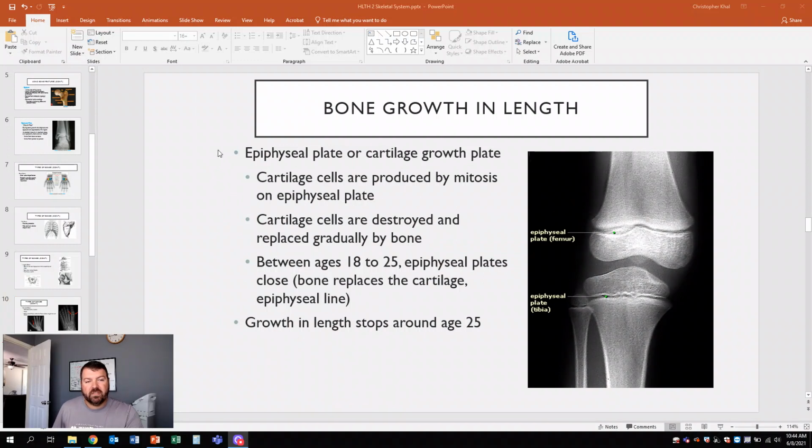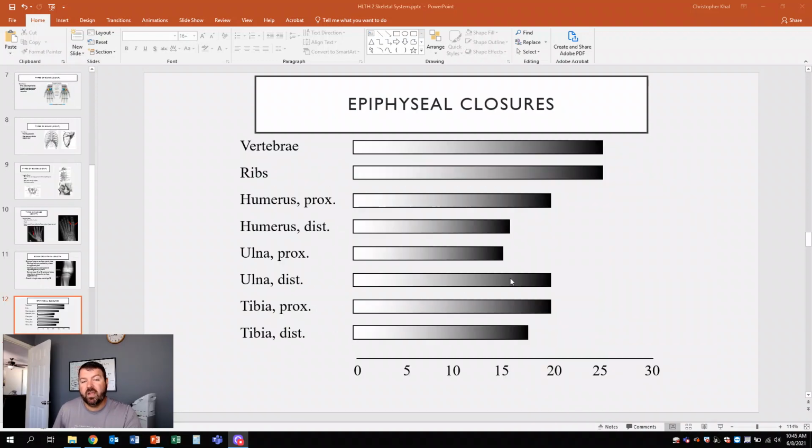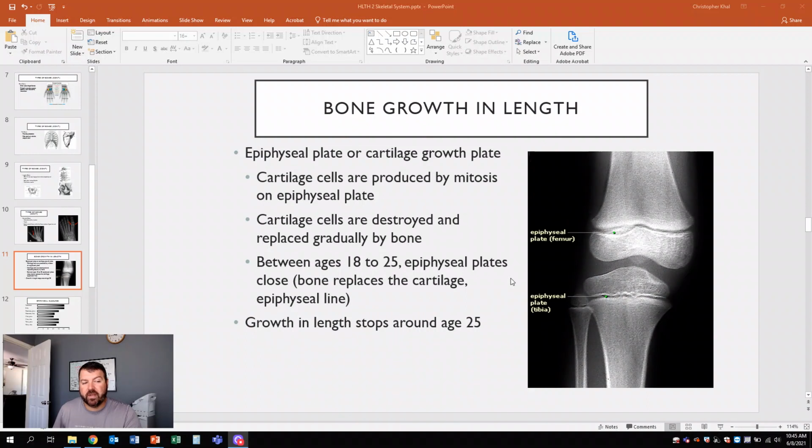All right, a little bit back to bone growth. Going back to the epiphyseal plate, this is where all your growth occurs. Usually by 25, all growth stops, because all those growth plates, our epiphyseal plates, are closed. If they close too early, it results in some kind of injury.